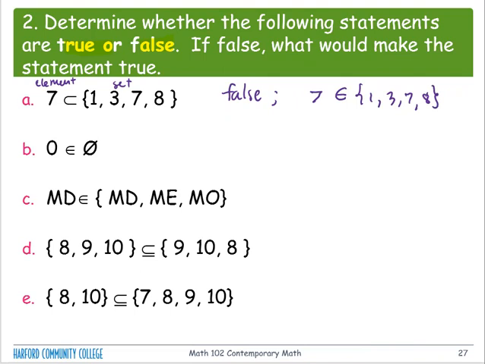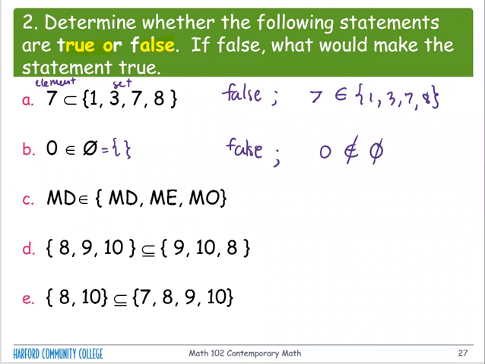For part B, the number 0 is on the left and the notation on the right is the notation of the empty set. This means 0 is a member of an empty set, which is not true. So the correct one should be 0 is not a member of an empty set.